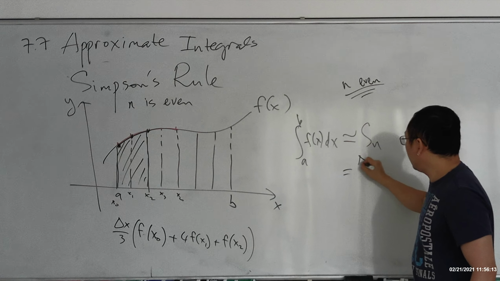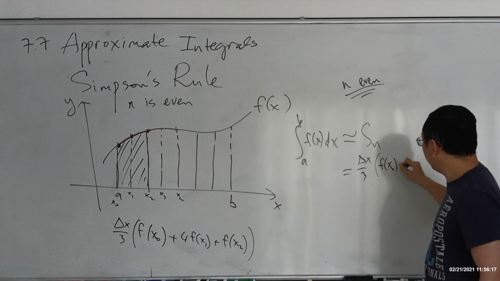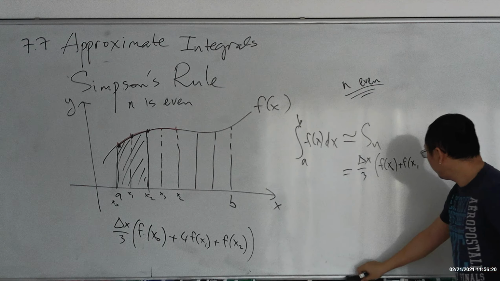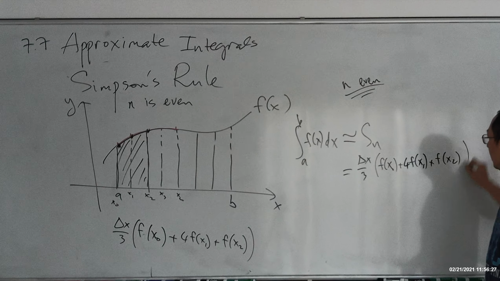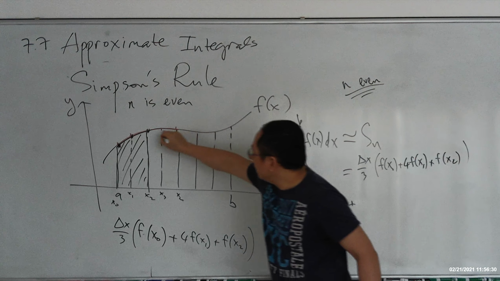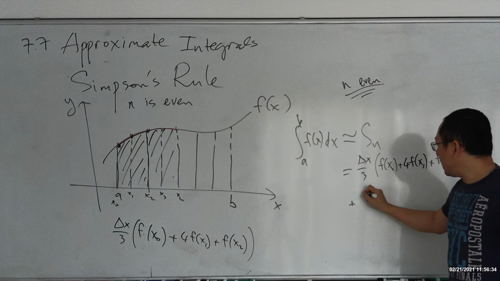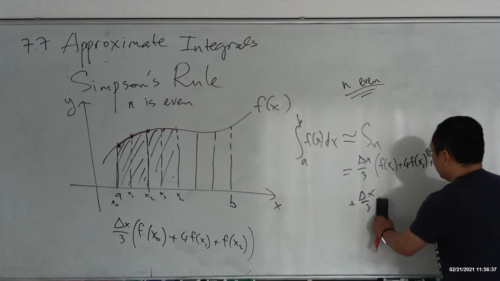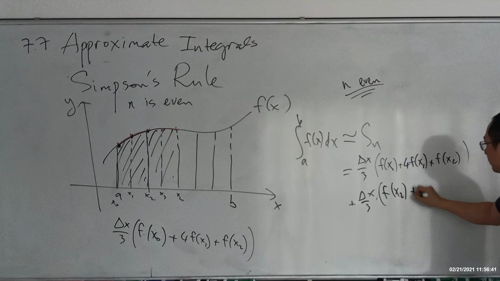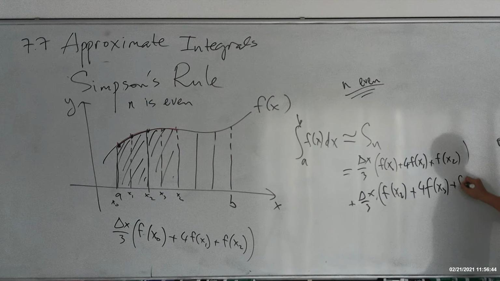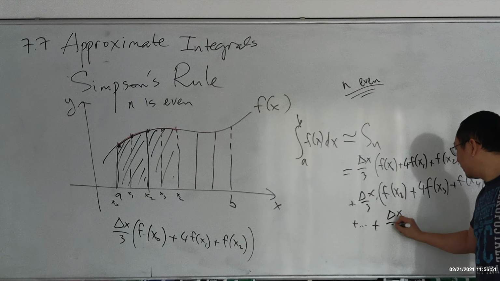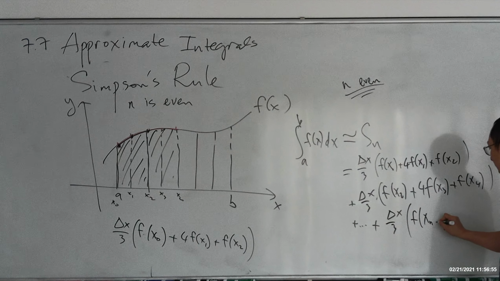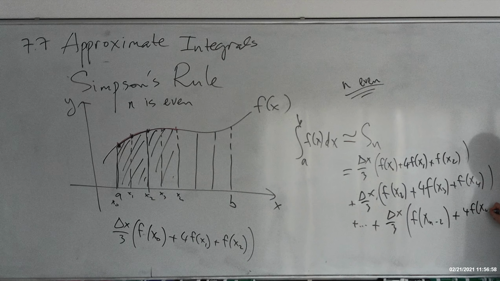The first one is delta x over 3 times f of x0 plus 4 times f of x1 plus f of x2, and then you add the next 2 columns' approximation, delta x over 3 times f of x2 plus 4 times f of x3 plus f of x4, and keep doing this all the way to the end: delta x over 3 times f of xn minus 2 plus 4 times f of xn minus 1 plus f of xn. You add them all up.